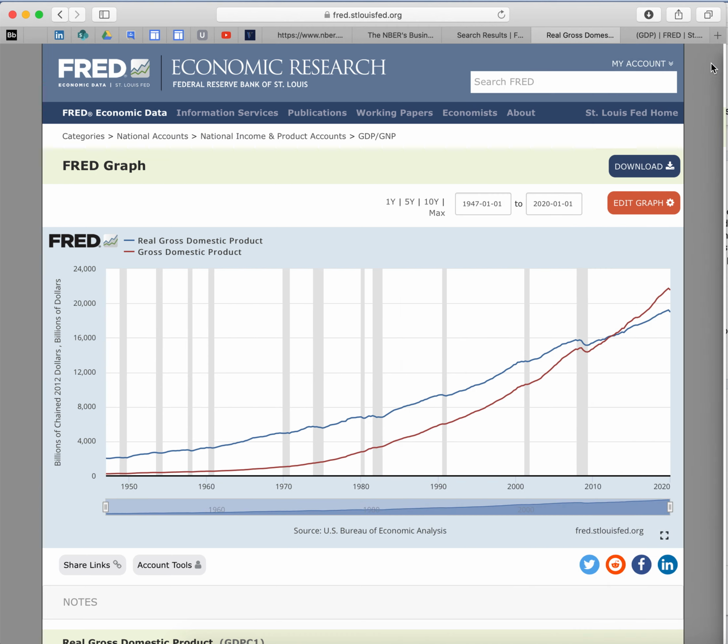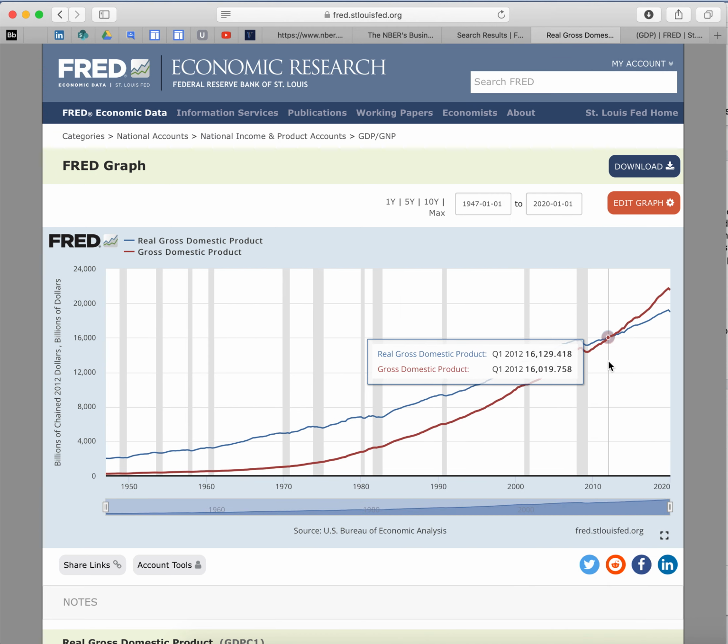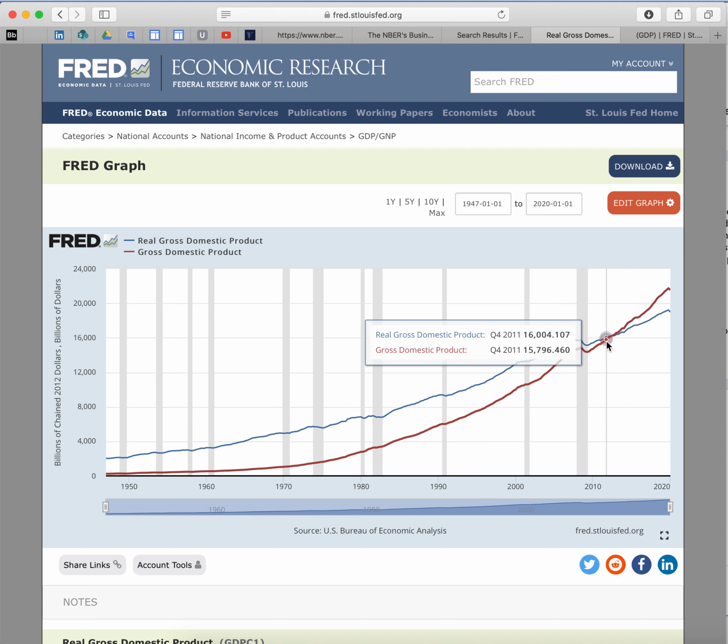So one thing you'll notice is, they're going to be exactly equal right here in 2012. If I had annual data, they'd be equal. You can see they're really, really close here, right? And you can see here in the second quarter, it kind of switches where the blue line becomes greater than the red line, or the red line becomes greater than the blue line. And that's because if we use 2012 as the price level, typically over time prices have gone up.